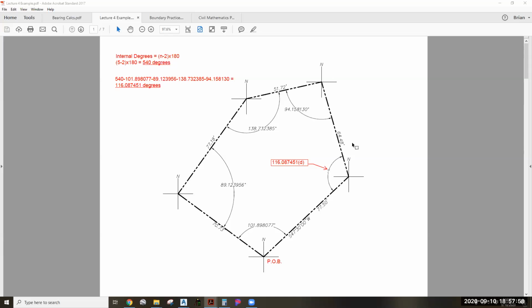Okay, and I've also put another example on the Canvas for you to practice and work through over the weekend so that you can present questions on Tuesday for the class so that I can make sure that everybody understands how to do these calculations. If you don't understand how to do these calculations, you're not going to get very far in this course, nor are you going to get far into the industry.